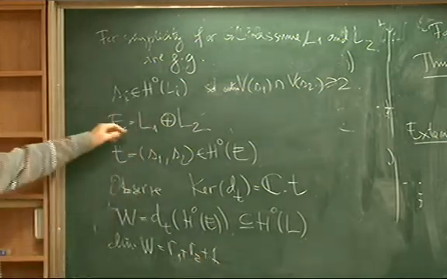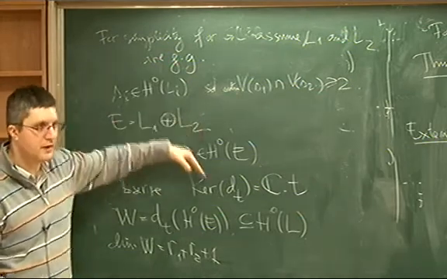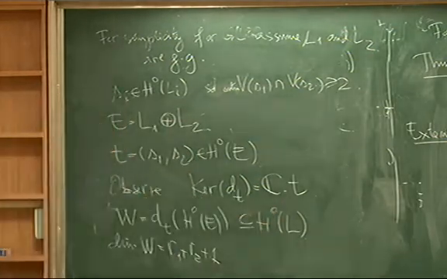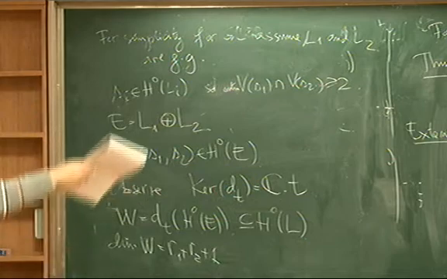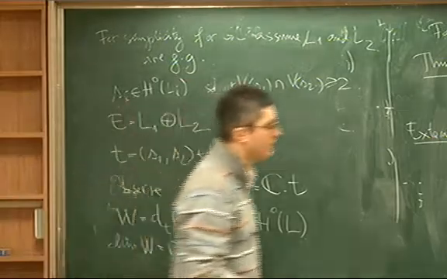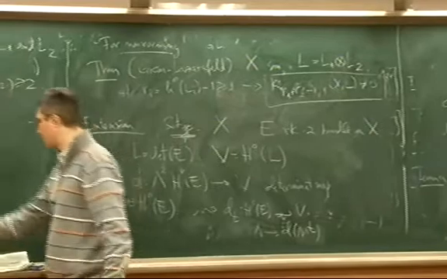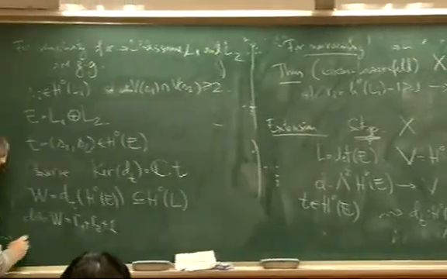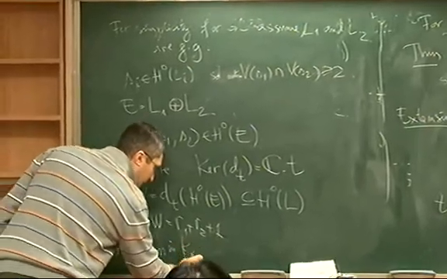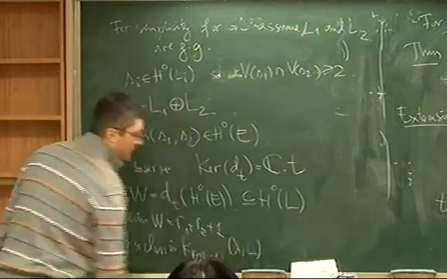Because we have R1 plus R2 plus 2, and we divide by the span of t, so the dimension drops by 1. By the previous discussion, we get a class in K, and the difference here was 2, so we subtract 2 and get a class in K_{R1+R2-1,1}(X, L).